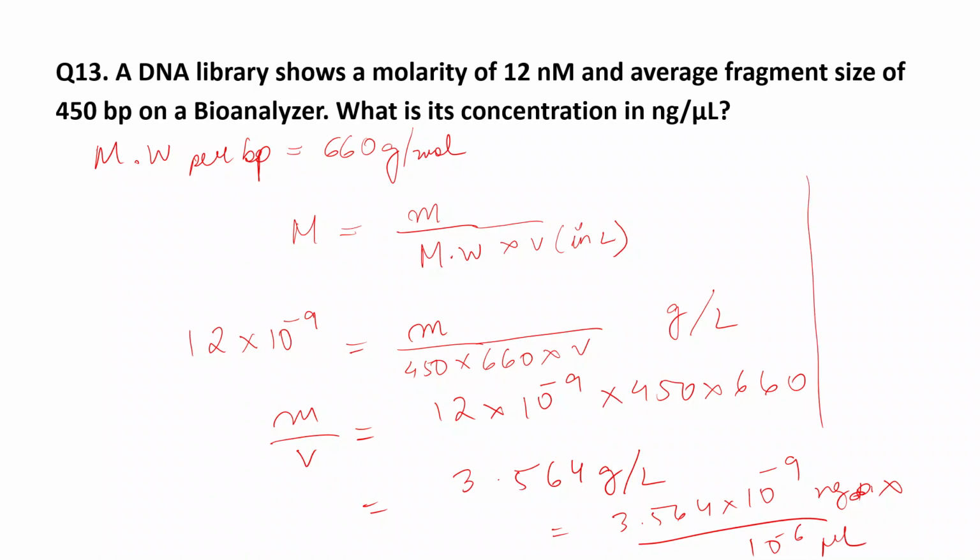When we solve it, 10 to the power 9 here and 10 to the power 6 here, so the result is in nanogram per microliter.